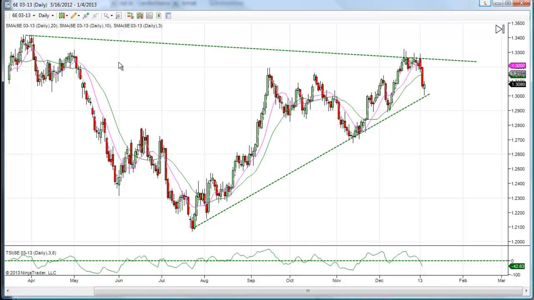TSI gave us a sell signal last week. These last pivots came down almost to the 786, that trend line, and closed right at the 618 on these particular fibs.